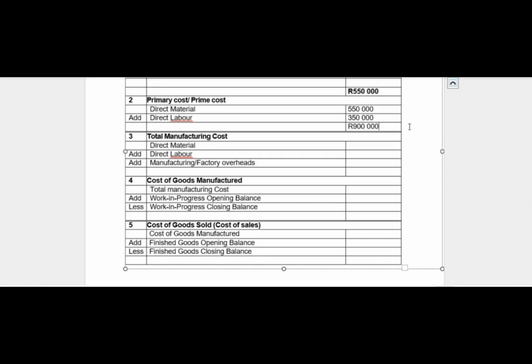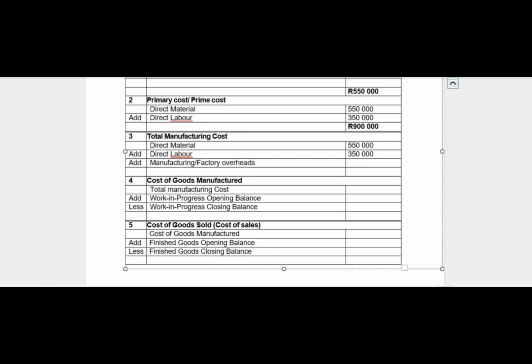All right, we are done with our prime cost or primary cost. Then we go to our total manufacturing cost. Remember, for our total manufacturing cost we have direct material, which is 550,000, and then we add our direct labor, which is 350,000.